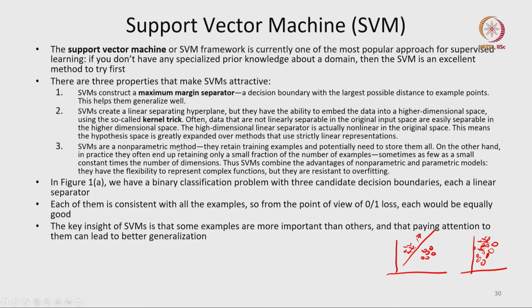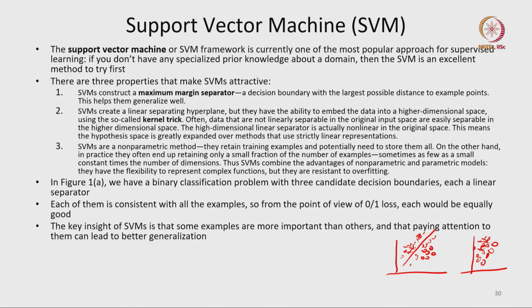And SVMs are a non-parametric method. They use the complete training examples, but it is the patterns at the boundary which make a difference. The patterns which are far away from the boundary do not affect the hyperplane that you are finding. It is only the patterns at the boundary.